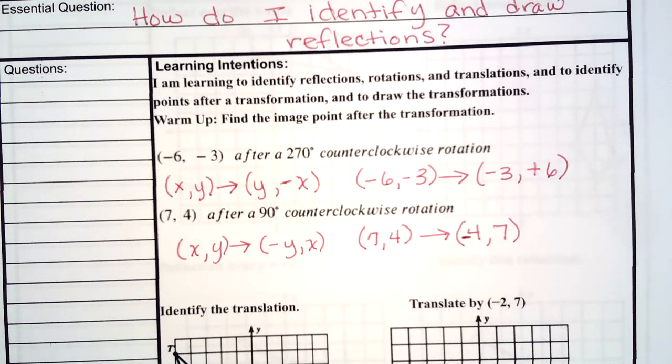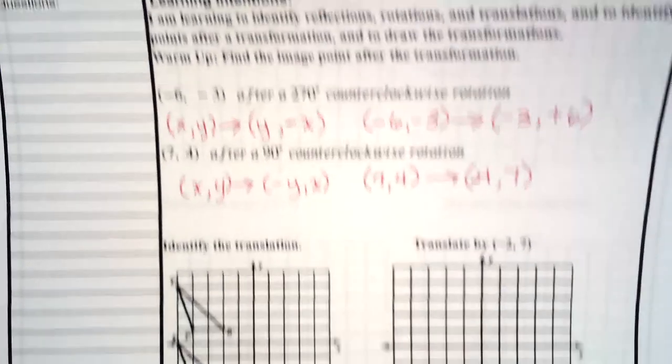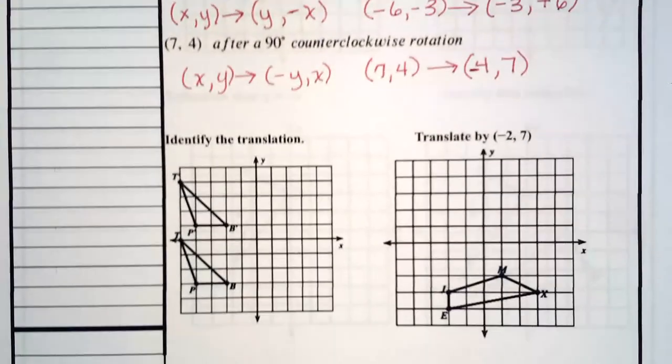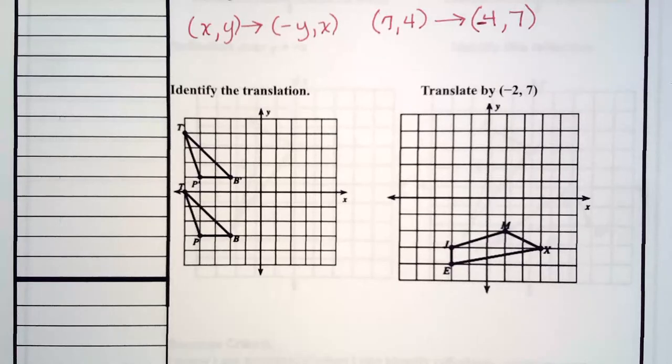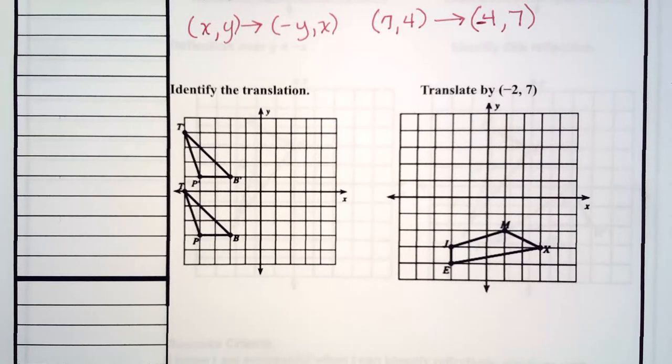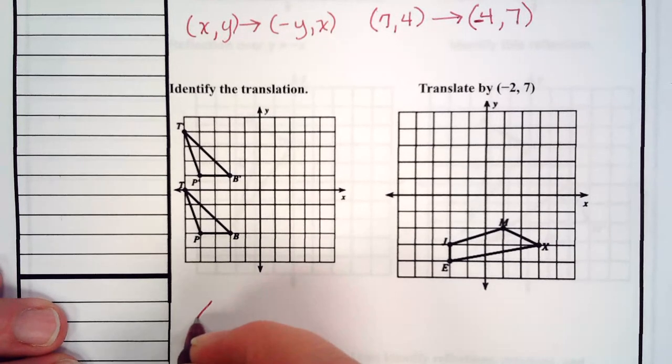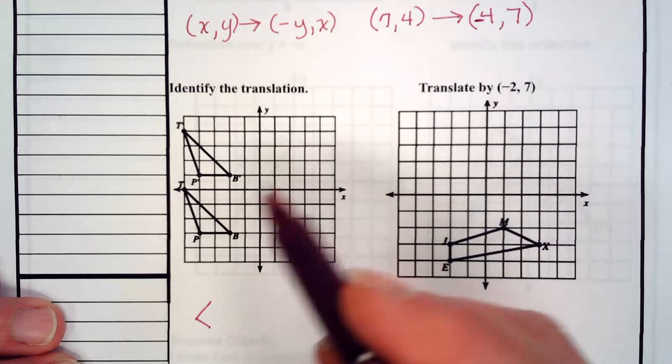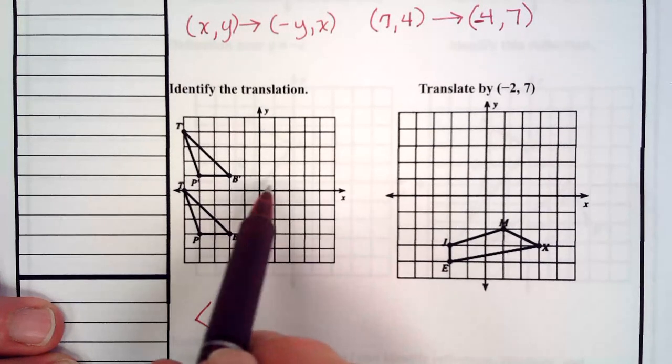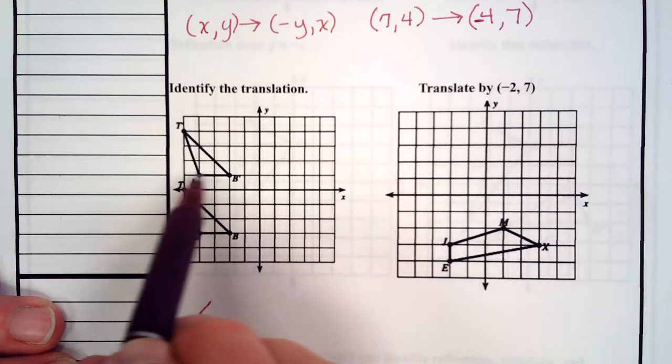Okay, can you identify the translations? What has happened in that first translation? Which has changed, your X or your Y or both? If I'm looking, these are my X values.